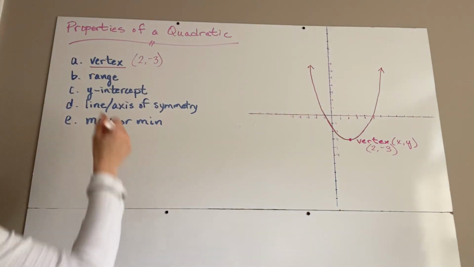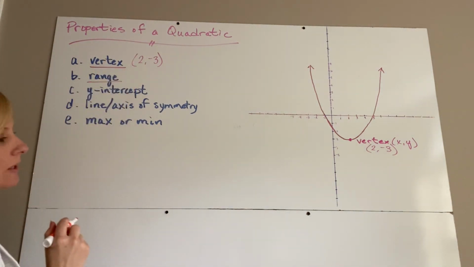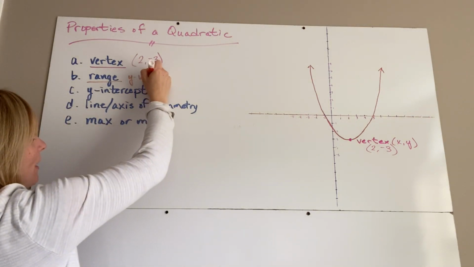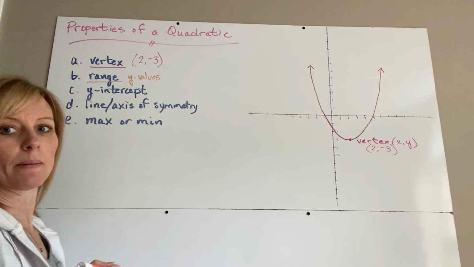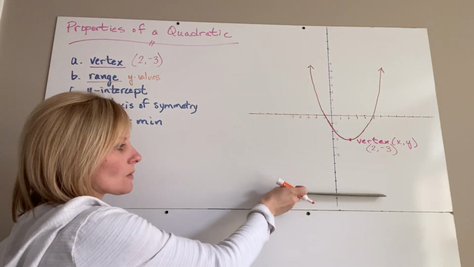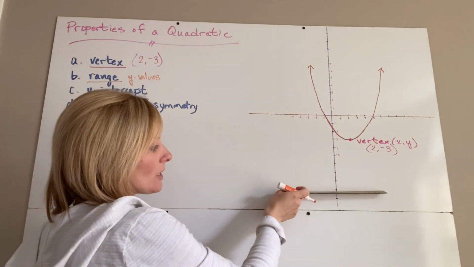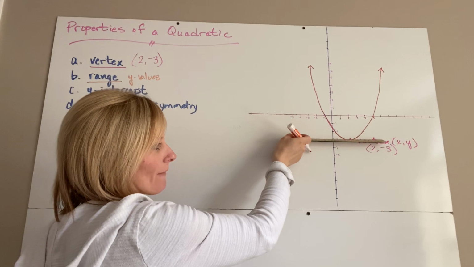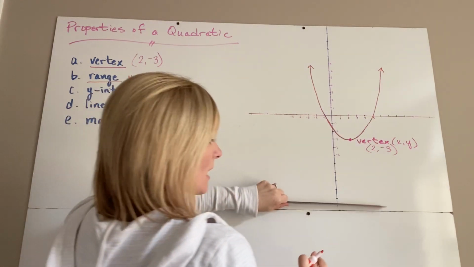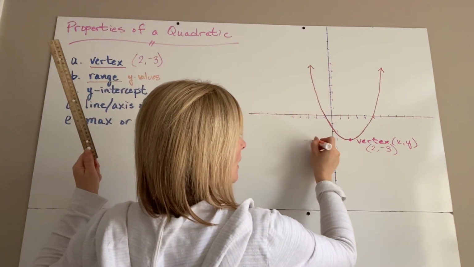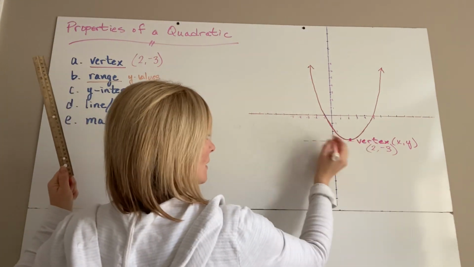The next one we're going to talk about is range. Range is all the y values, all values of y. So when we talk about range, think about that y-axis. We're going to be climbing this y-axis to see when we first hit a value for y for that function. Right here, there's nothing, but all of a sudden at -3, there is a value.